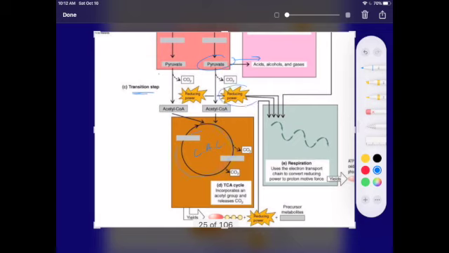A whole bunch of reducing power, which is NADH and FADH2, is used to do respiration, also known as oxidative phosphorylation. Chemiosmosis is a part of that, and you get ATP out of that.